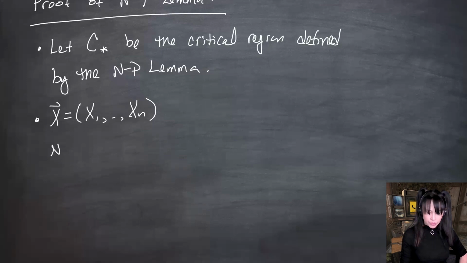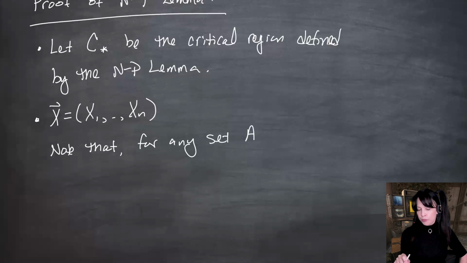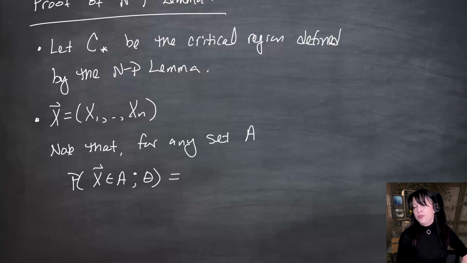So note that for any set A, and I don't necessarily mean the critical region, and I do mean some sort of n-dimensional set, the probability that the vector x is in A when the parameter is theta, I used this notation at least once before.